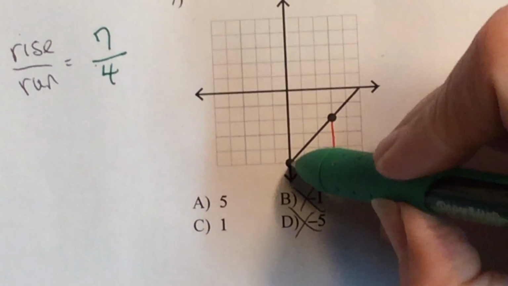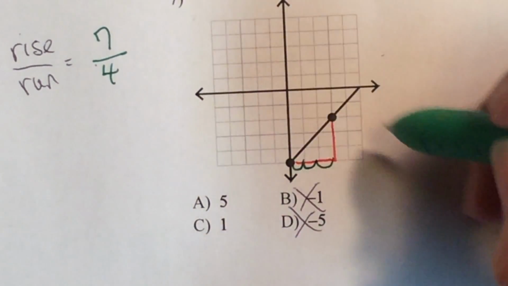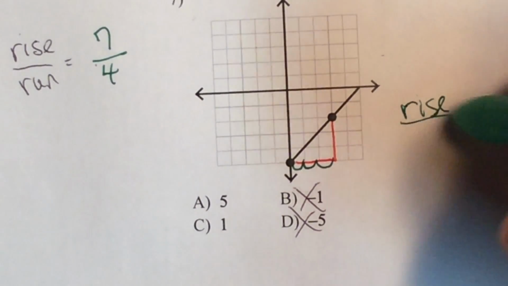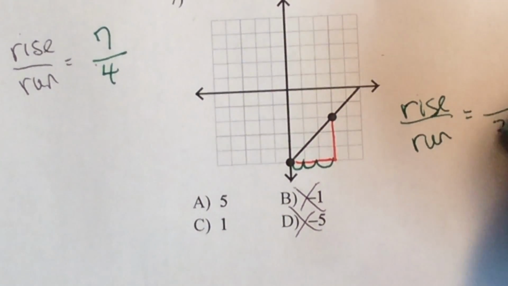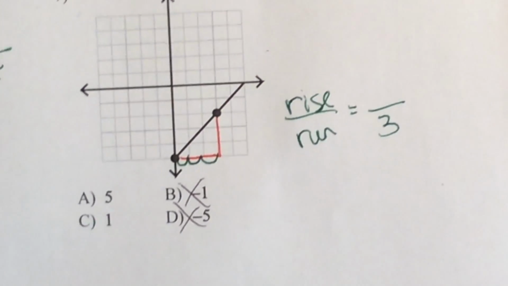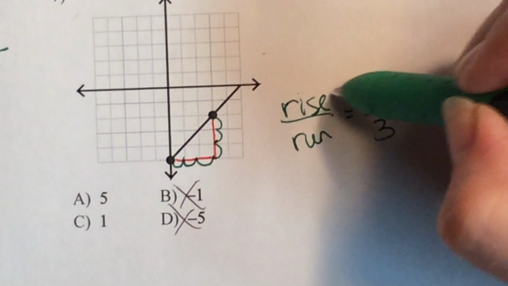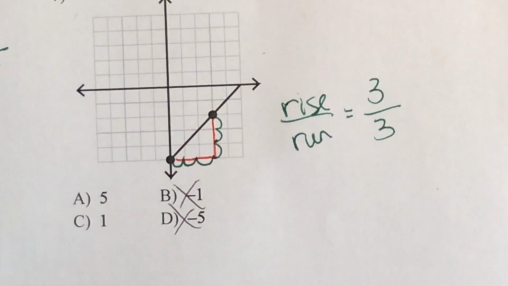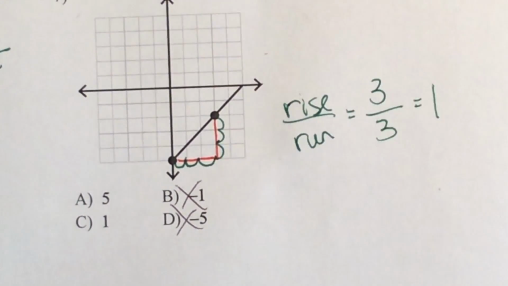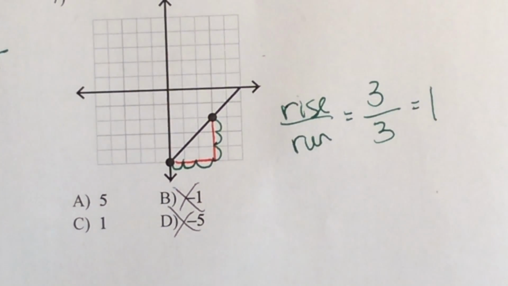Well, let's see. I'm going to jump. So 1, 2, 3. So let me write it over here. I run 3. And I rise 3. Well, 3 over 3 is 1, which is the slope, which is C.